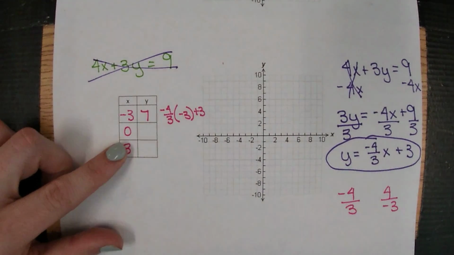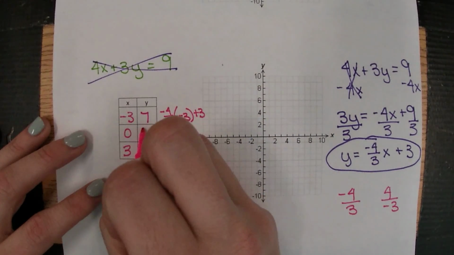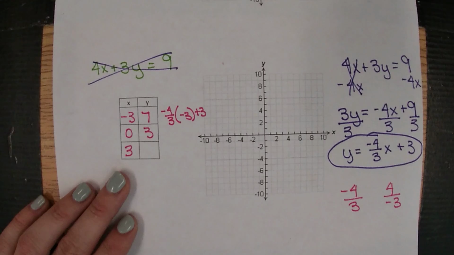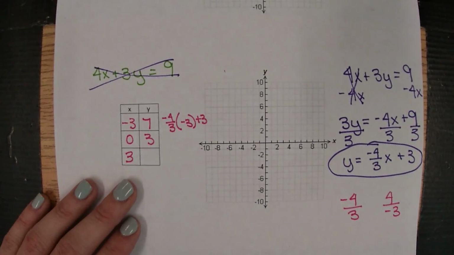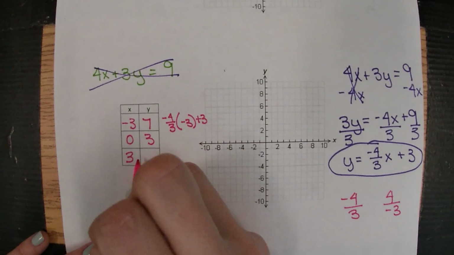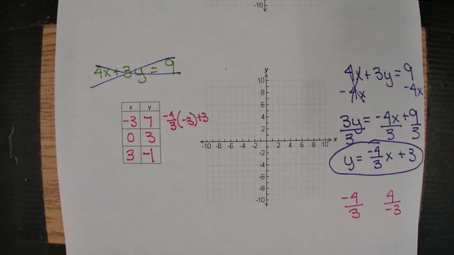Then we're going to plug in the 0. The 0 will give us a 3. Then we're going to plug in the 3. So what value do we get out when we plug in the 3? We should get out -1.